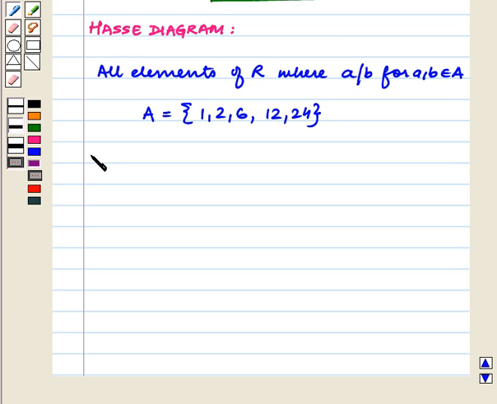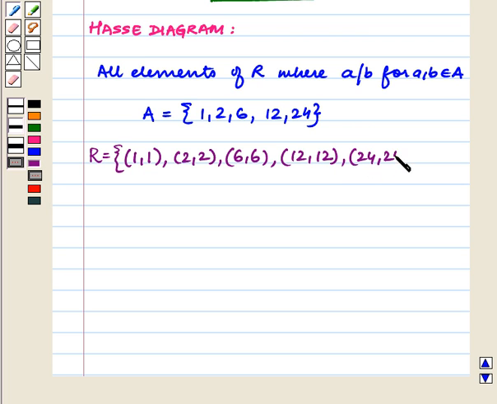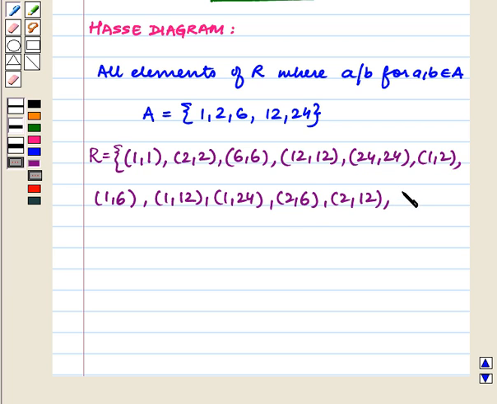So we get the relation R equal to the set containing ordered pairs (1,1), (2,2), (6,6), (12,12), (24,24), (1,2), (1,6), (1,12), (1,24), (2,6), (2,12), (2,24), (6,12), (6,24) and (12,24).